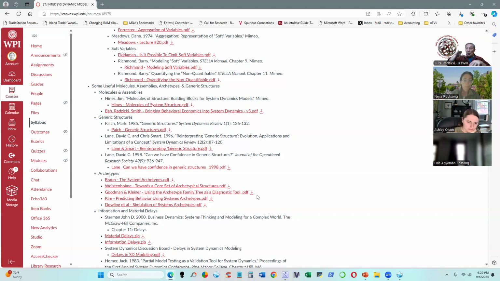So the Lego pieces might be the best. Everybody's familiar with these things, but you can assemble them in all different ways. So that's sort of what we mean by molecules and archetypes, generic structures, assemblies: these are chunks of Legos, of stock flow feedback loop structure that we can reuse in all different ways. So we want to become familiar with them.